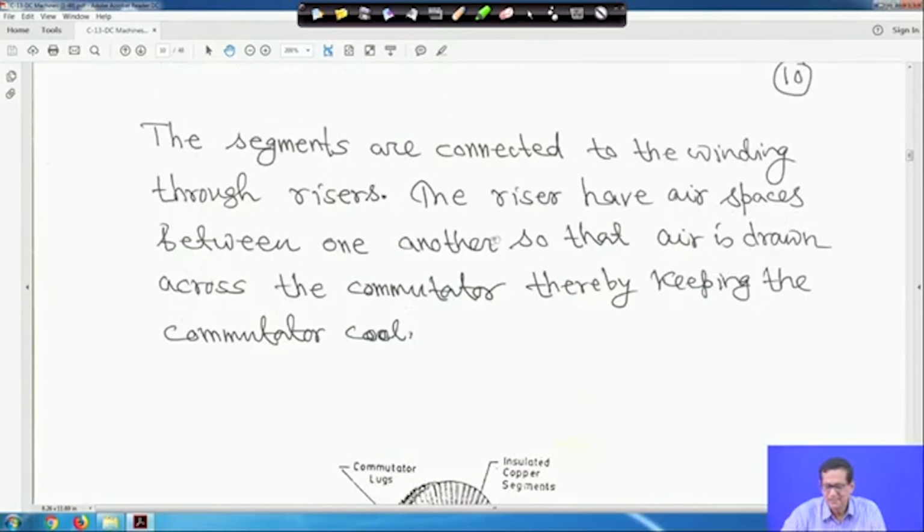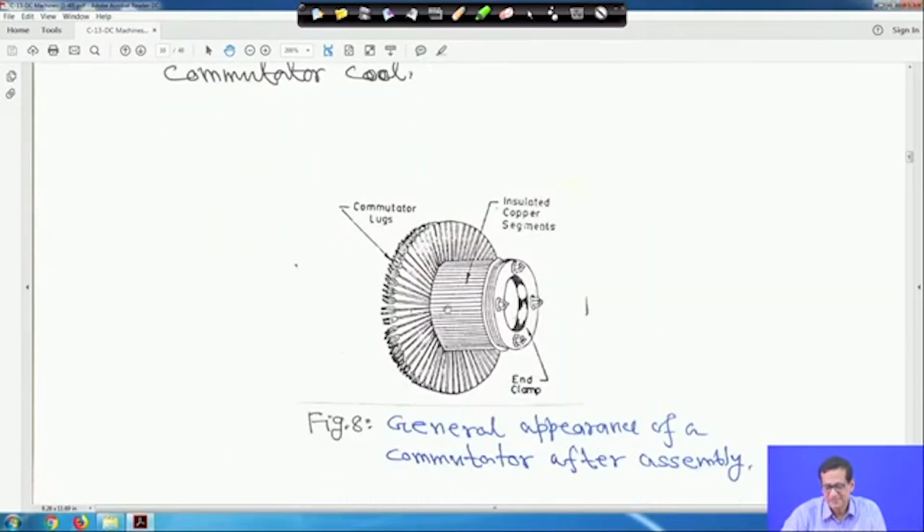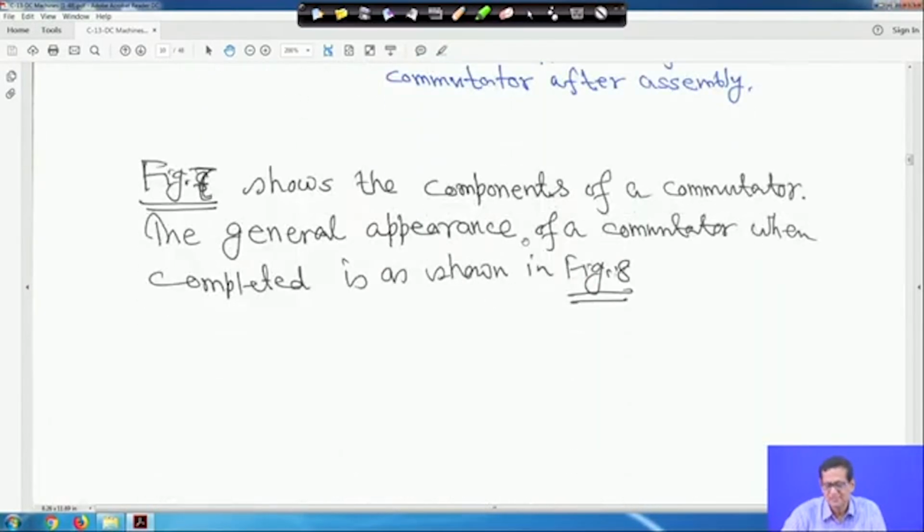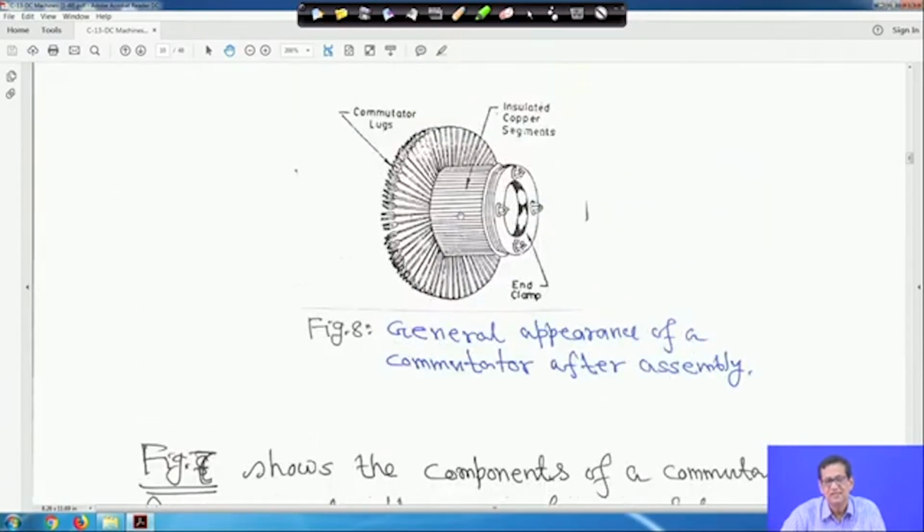All these things are written everywhere, so I am not going to repeat, right. So, now you have some idea. Figure 7 shows the components of a commutator, and the general appearance of a commutator when completed is shown in this figure, right.